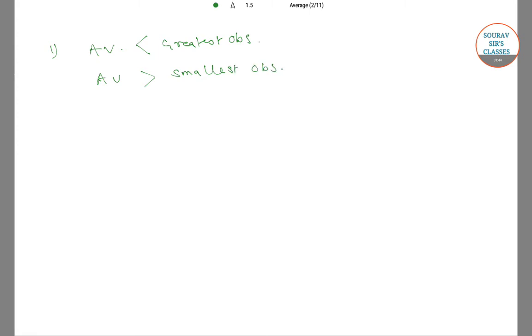So if we have a set of observations, say x1, x2, so on till xn, where we know that x1 is the smallest and say xm is the largest observation, then our average x bar should always be greater than x1 and less than xm.